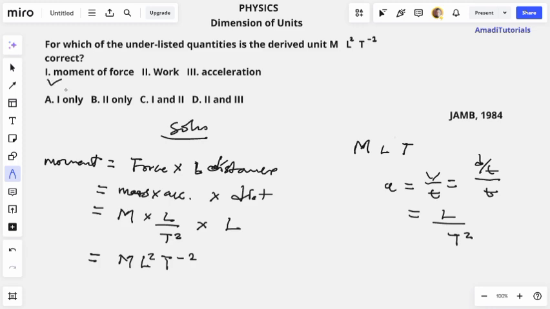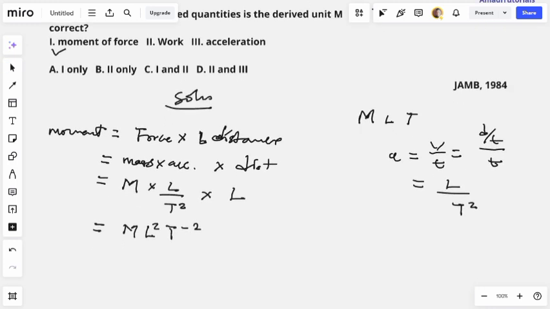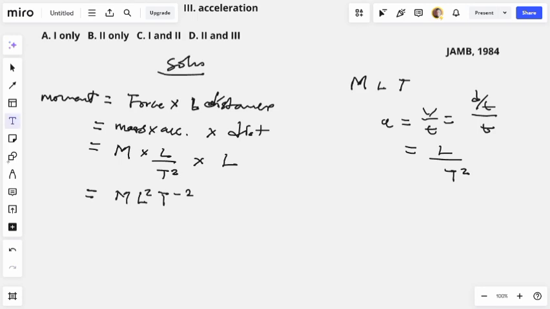So I is there. So let's see work. Let's find the dimensional unit for work. Before you find the dimensional unit, you have to define the quantity first. Work is defined as the product of force times distance covered. So you see that work has almost the same definition as moment.